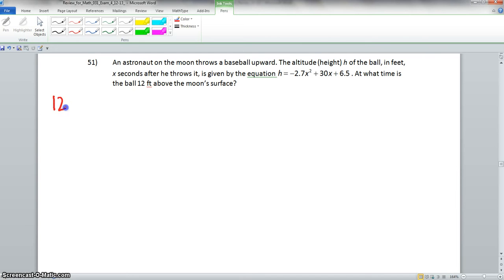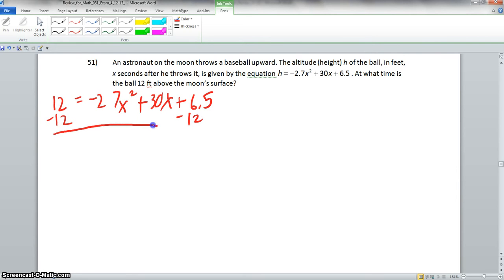So we had 12 is equal to negative 2.7x squared plus 30x plus 6.5. Now we will subtract 12 on both sides. We will have 0 is equal to negative 2.7x squared plus 30x minus 5.5.